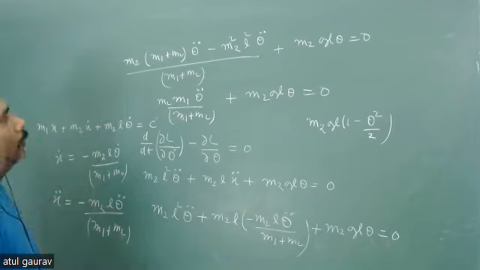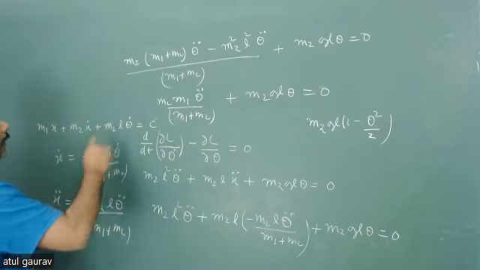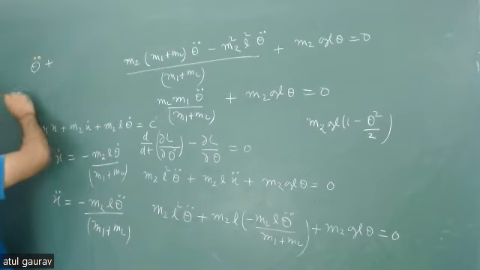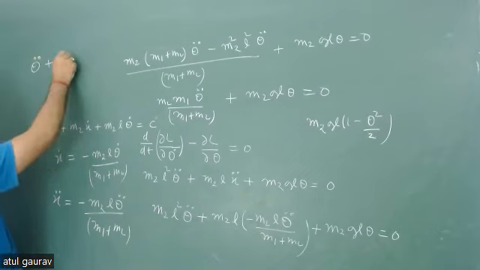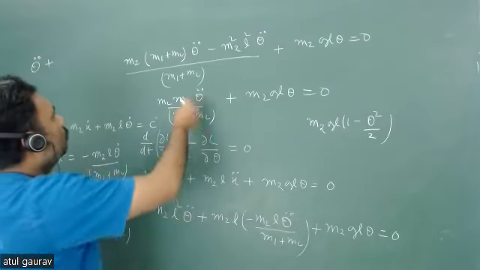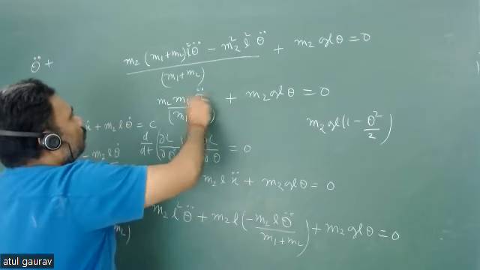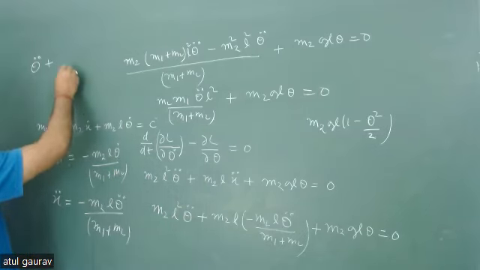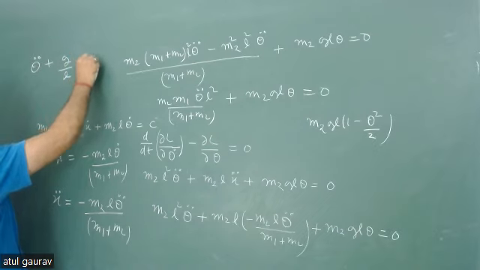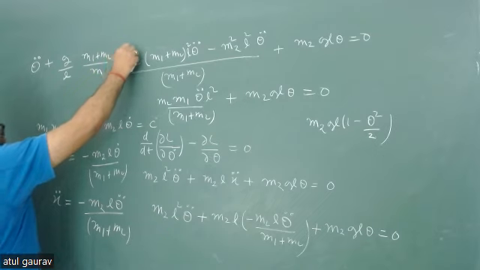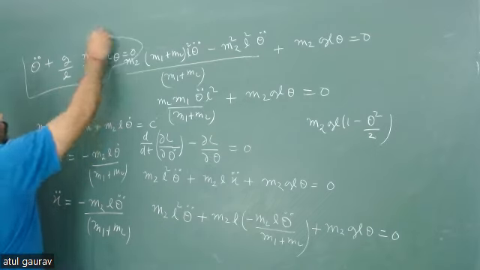You can take m2 common and then you can have a final equation that theta double dot plus, and L will also be there. L square is also there. So plus you have g upon L, m1 plus m2 by m1, theta must be equal to 0.